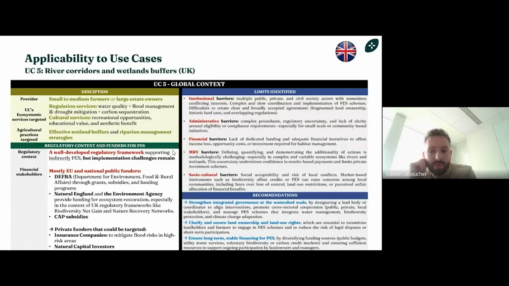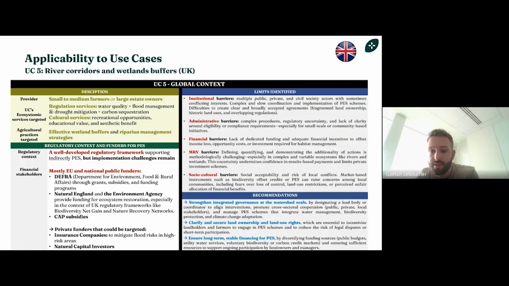So here the first recommendations would be to strengthen integrated governance at the watershed scale, because for the water issues more specifically, the governance would be a bit different, as it involves a lot of different stakeholders.